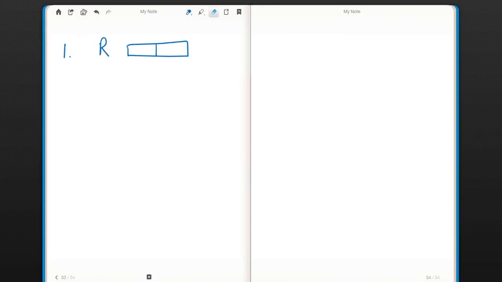The key here, this is Roxanne's share, this is May's share. The key is that they're equal. And so if Roxanne's share is a multiple of 8, and if May's share is a multiple of 12, then the number we're looking at, each of them must both be a multiple of 8 and a multiple of 12.